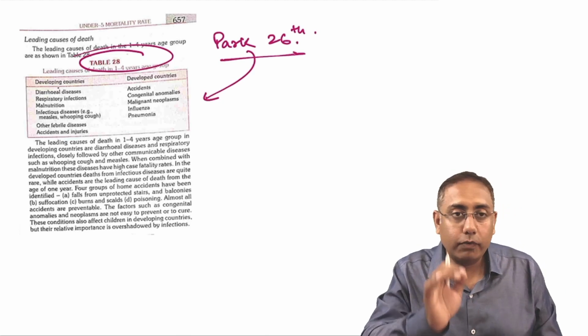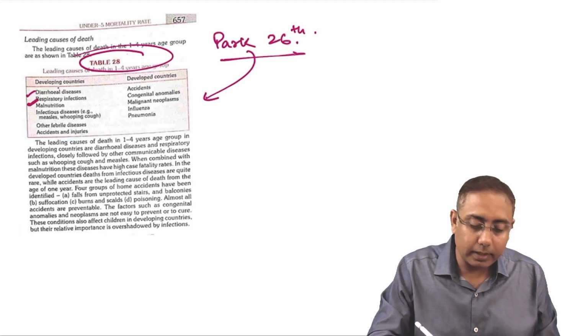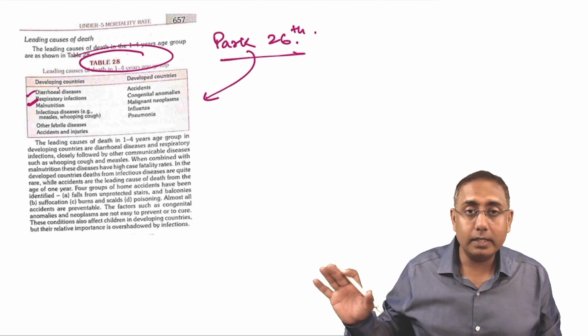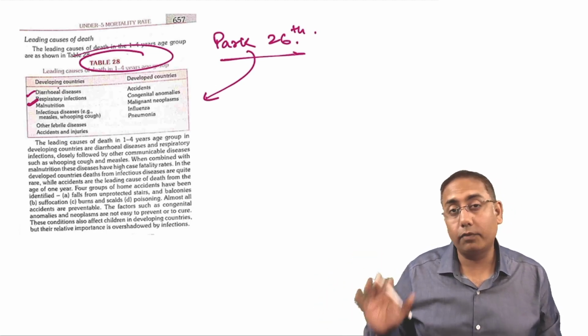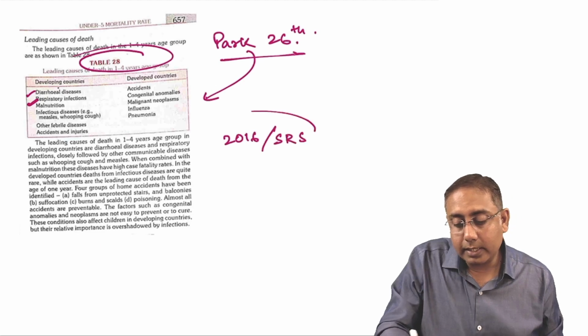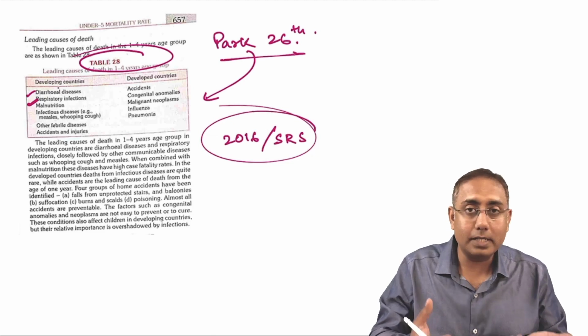Age group 1 to 4 years, the leading cause of death is diarrheal diseases, followed by respiratory diseases, malnutrition, infectious diseases. I duly understand this data, but this data had been taken from 2016 SRS data. So we had not been asked about this data.